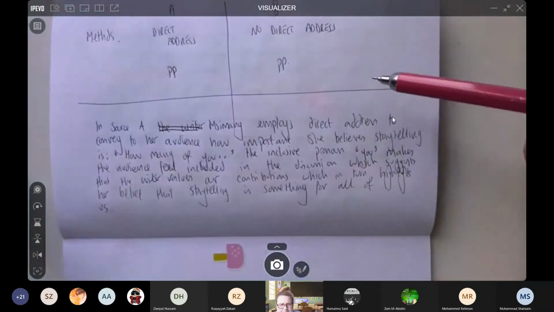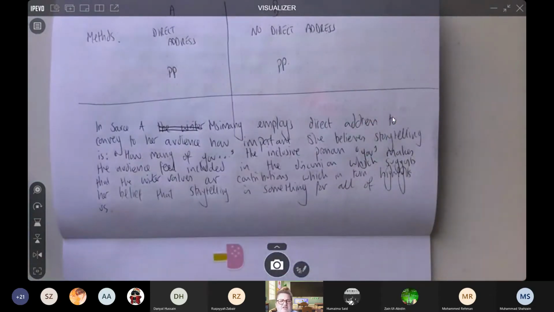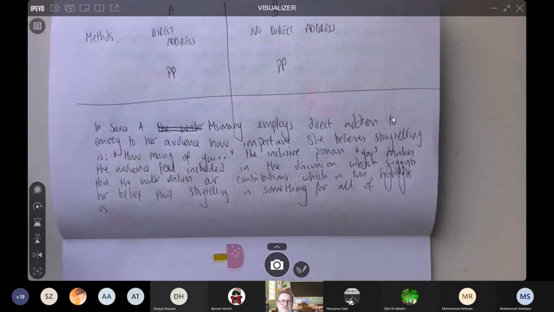In source A, the writer employs direct address to convey to her audience how important she believes storytelling is. How many of you? This inclusive pronoun you makes the audience feel included in the discussion, which suggests that the writer values our contributions, which in turn highlights her belief that storytelling is something for all of us.